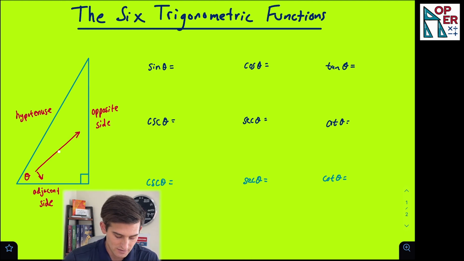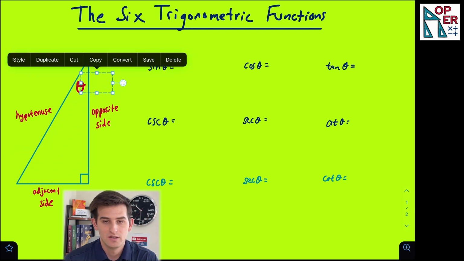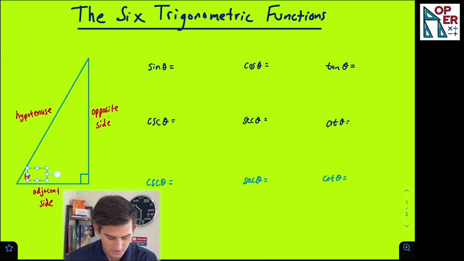And so once again, if theta happened to be up here, in this angle, then obviously those sides would be reversed. Now adjacent would be my vertical side, and opposite would be my horizontal side. Okay, well that's not the case, and so now this is what our diagram is going to look like. So we need to know those three terms: adjacent, opposite, and hypotenuse.